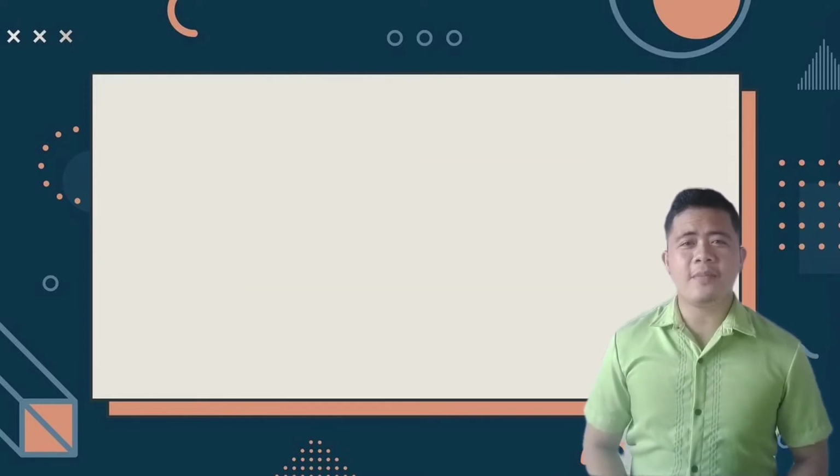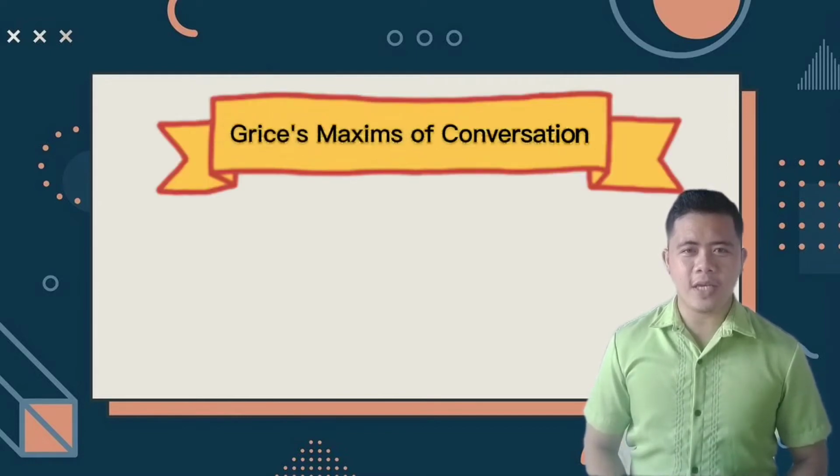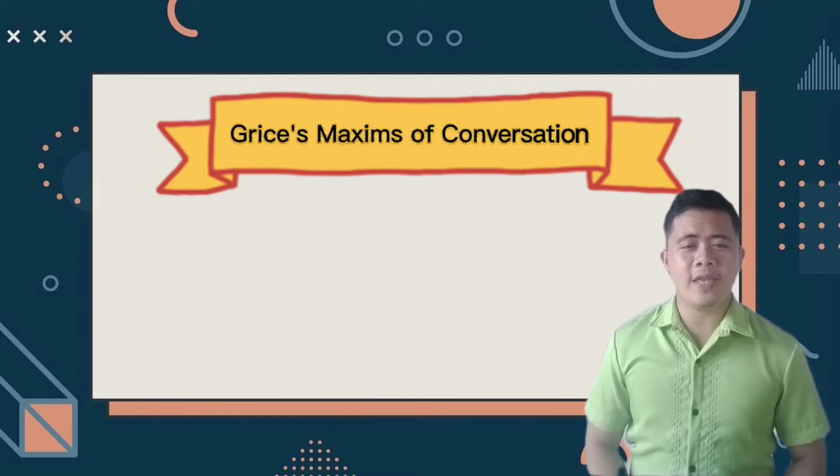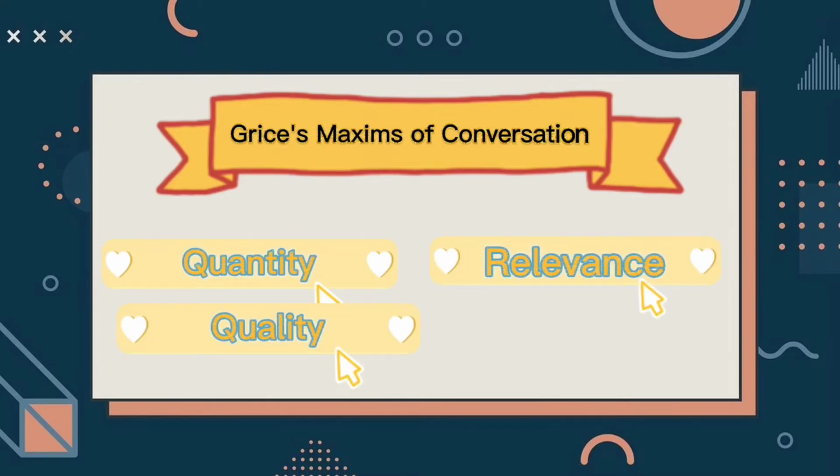Fortunately, there are some principles, known as Grice's maxims of conversation, that you can use, which will help you avoid these mistakes in communication. There are four main maxims which revolve around the quantity, quality, and relevance of what people say, as well as the manner in which they say it.